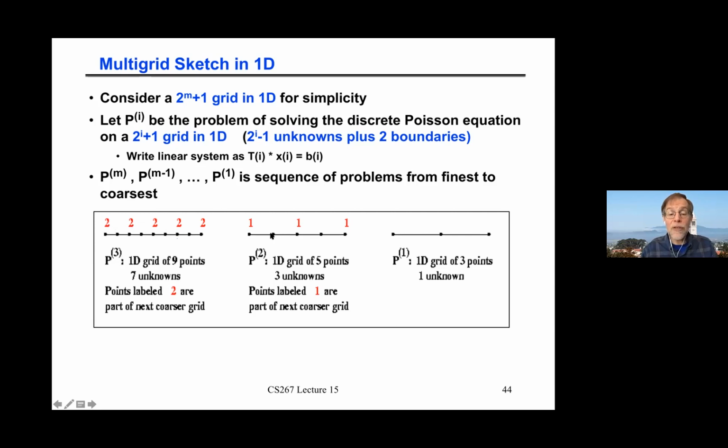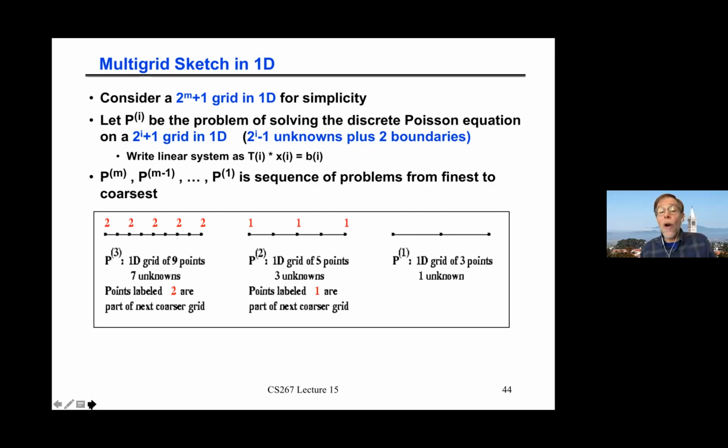Problem P2 is to solve this now 3 by 3 set of unknowns, given the boundary values which remain. That's my coarser problem. And then I go one step coarser by taking every other mesh point once again, and I get to the base case where I have 1 unknown and 2 boundary conditions, and I can solve that 1 by 1 system. And that's my base case that I will use in my recursion.